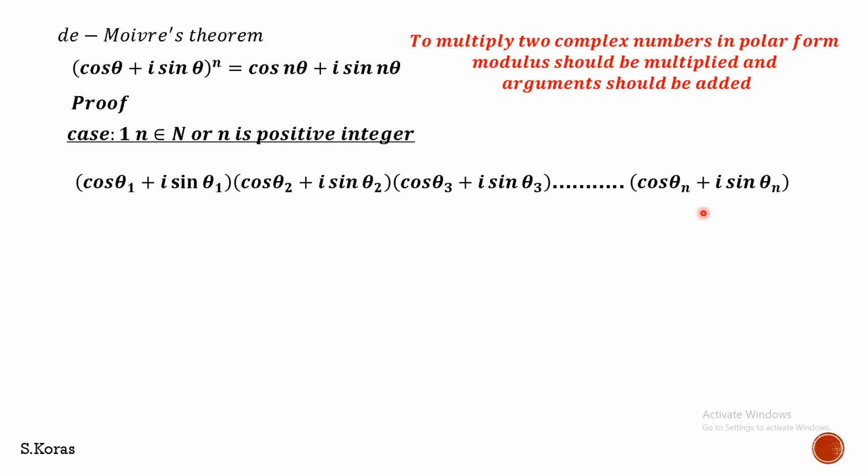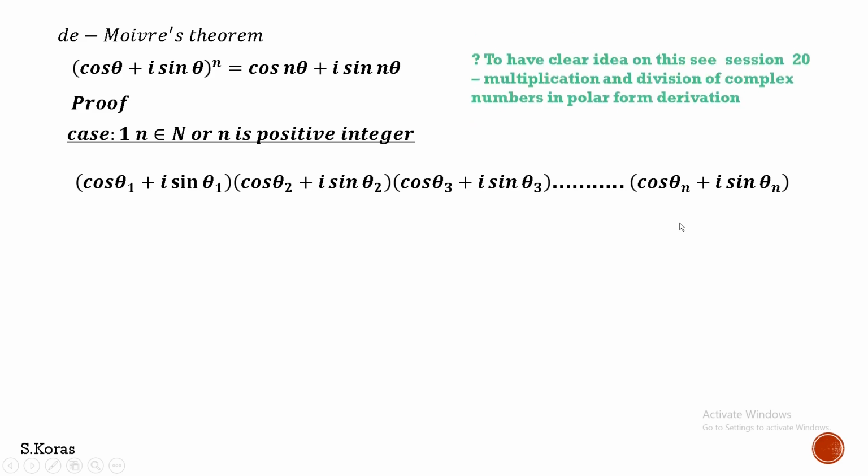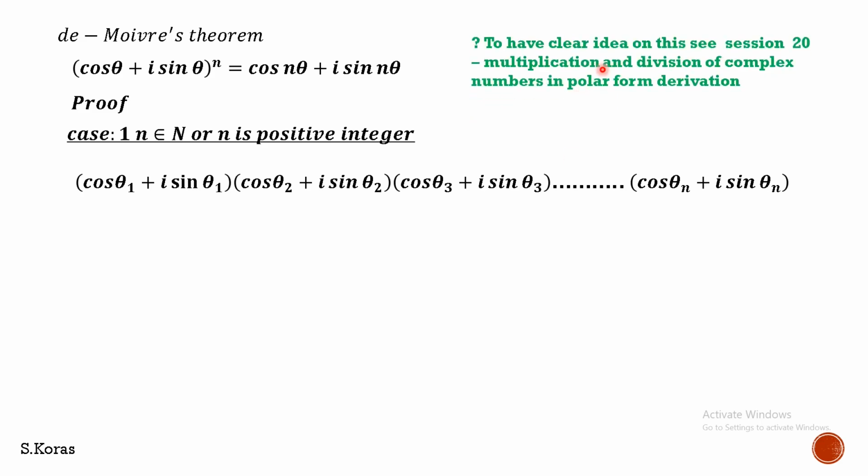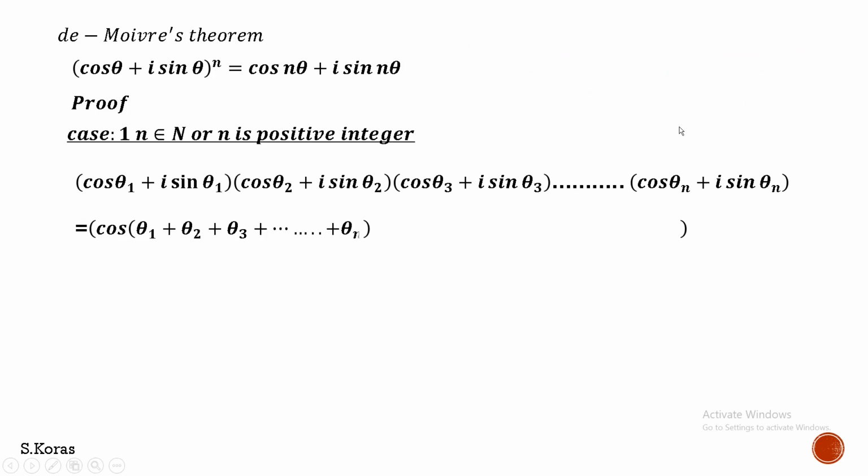According to this rule, we are going to add all the angles. In case you have doubt, you can refer to session 20, complex numbers, multiplication and division of complex numbers in polar form derivation video. Now we are going to multiply these complex numbers. According to the rule, we have to add the angles.